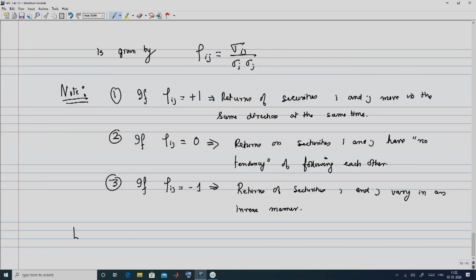Okay, so now we come to the last topic for today's lecture, that is calculating the expected returns and the variance, the covariance and the correlation coefficient based on historical data. So, we talk about estimation using historical data.